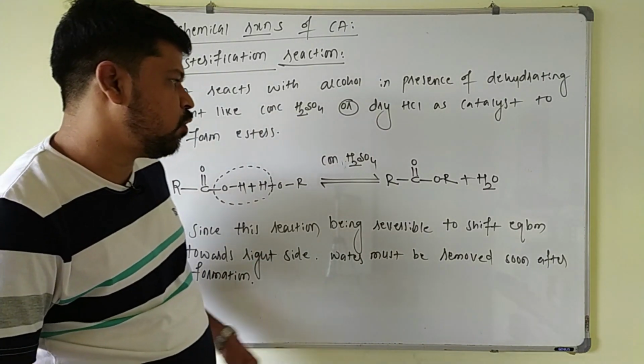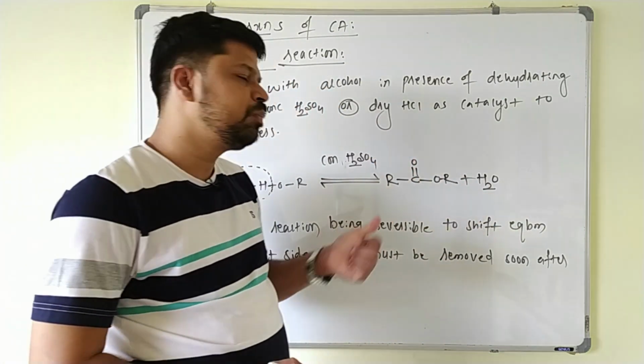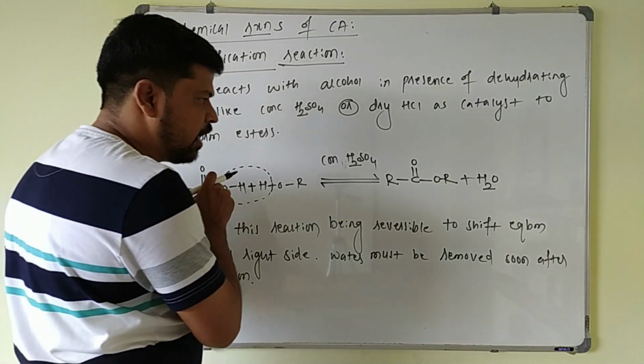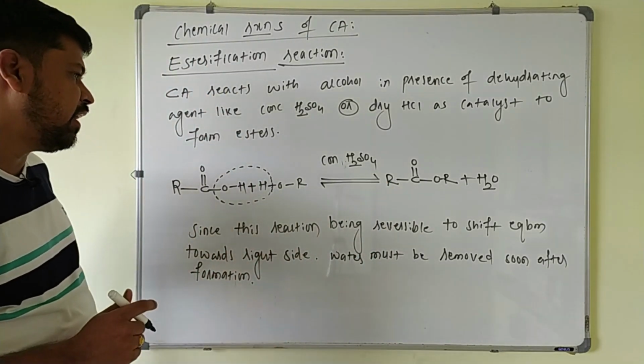So once the water is formed, it must be immediately removed with the help of what? Dehydrating agent, so that equilibrium will be shifted in the right hand side direction.